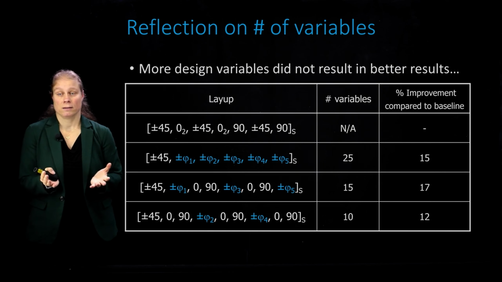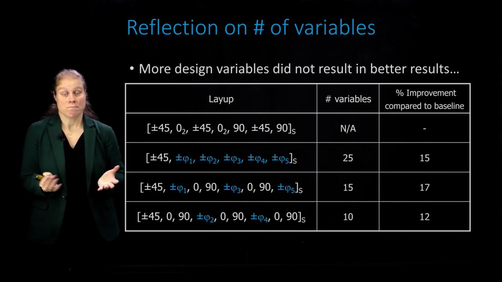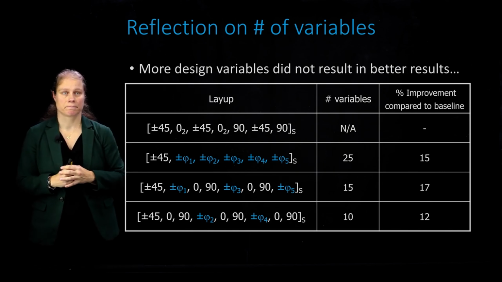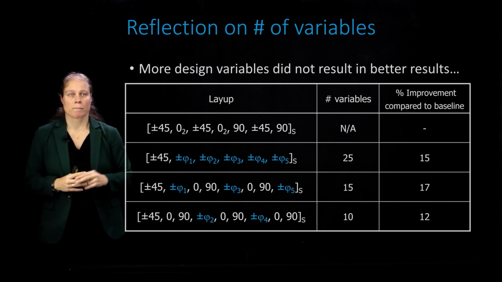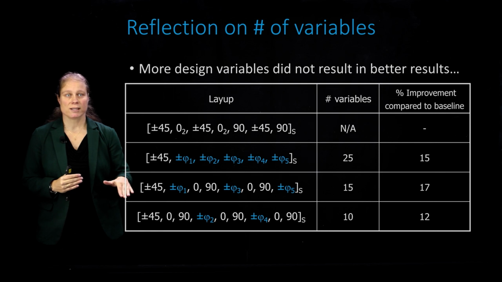Now, why is that, right? In theory, more variables is better. Well, there are 2 possible explanations. The third row actually is not a subset of the second row.